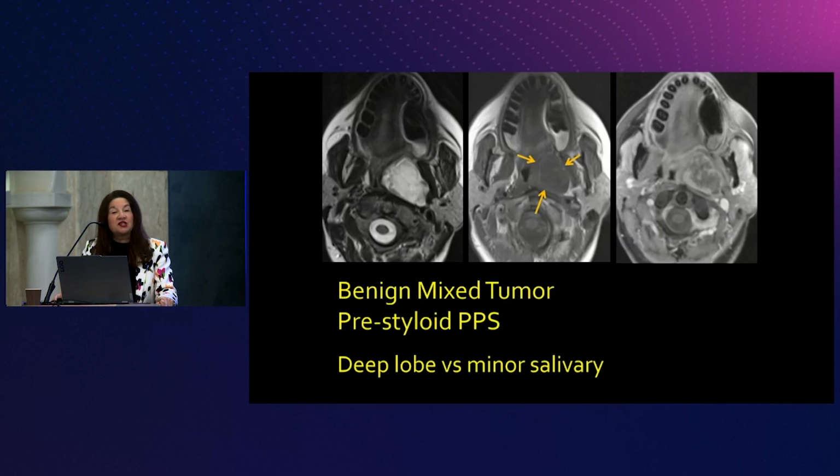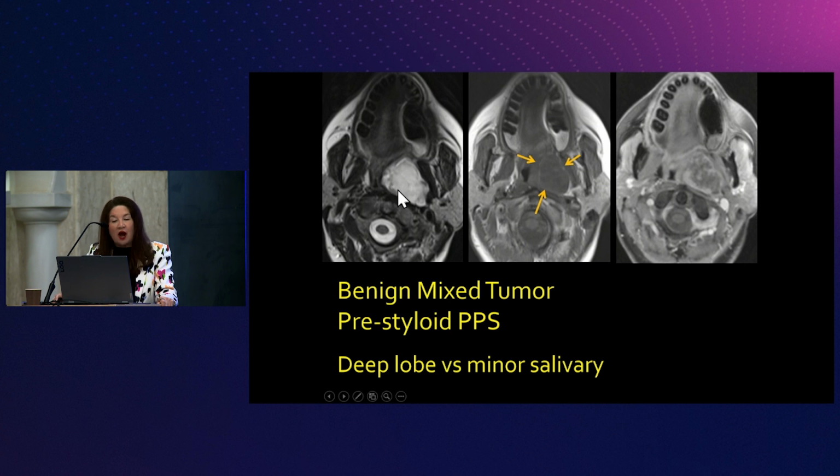So let's look at some primary pathology coming from the prestyloid peripharyngeal space. This is the typical benign mixed tumor or pleomorphic adenoma. You can see a large mass replacing the fat in the prestyloid peripharyngeal space. You can see that the muscles of mastication are being displaced anterolaterally.